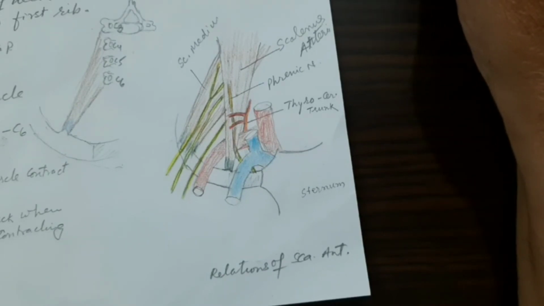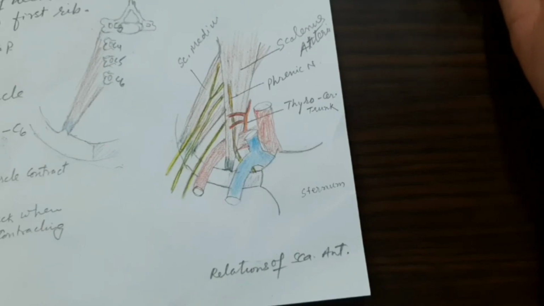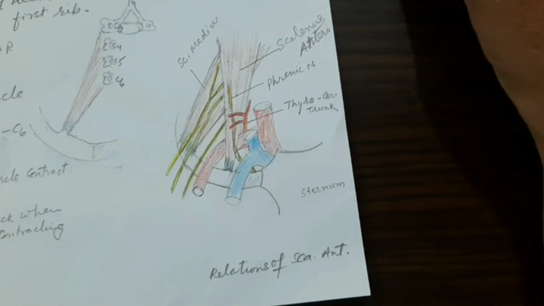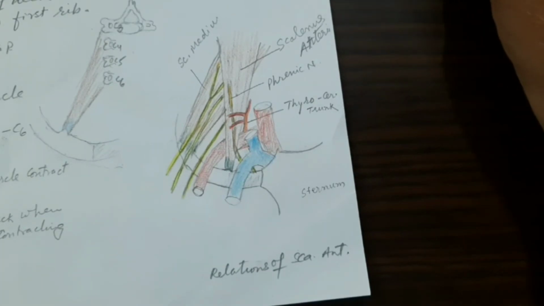There will be another posterior relation. Still posterior to the subclavian artery and a little above, there is the suprapleural membrane and the cervical pleura, covering the apex of the lung. They will be the posteriormost relation.